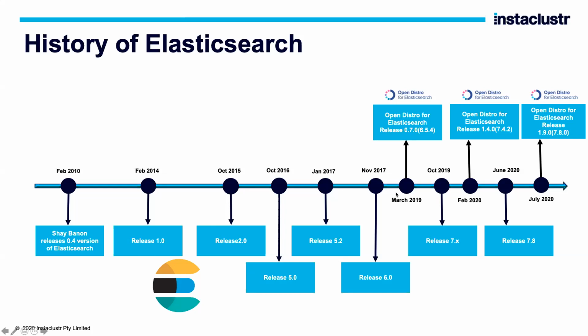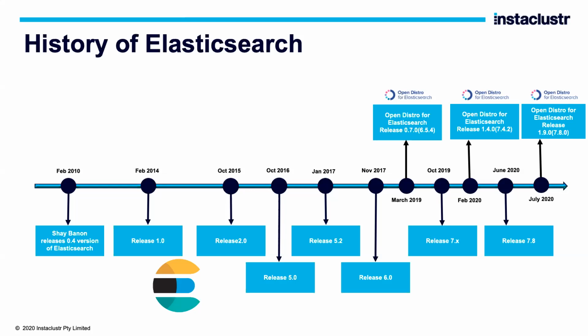In 2019, however, the Open Distro for Elasticsearch project was created. This is backed by Amazon Web Services, AWS. They started a project called Open Distro for Elasticsearch, which they call a 100% open source distribution of Elasticsearch with advanced enterprise features.